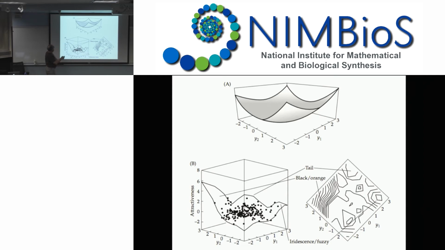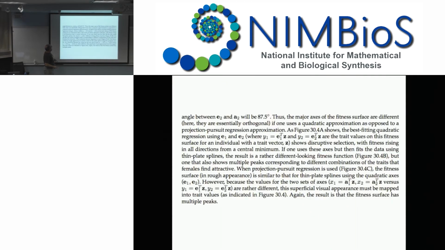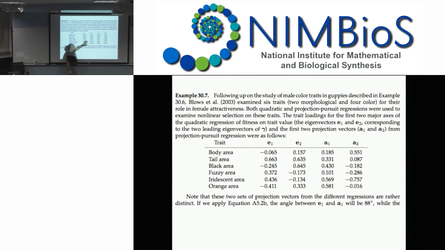If I then take those axes, y1 and y2, and fit thin plate splines, I get this structure here. It's a bit different, right? For example, it goes down here, but it's using these two axes to capture that. If instead I take as my canonical axes A1 and A2, so now my new combination is this times that plus that, trait 1 times that plus trait 2 times that, that gives me x1, and trait 1 times that plus trait 2 times that, etc., gives me x2.